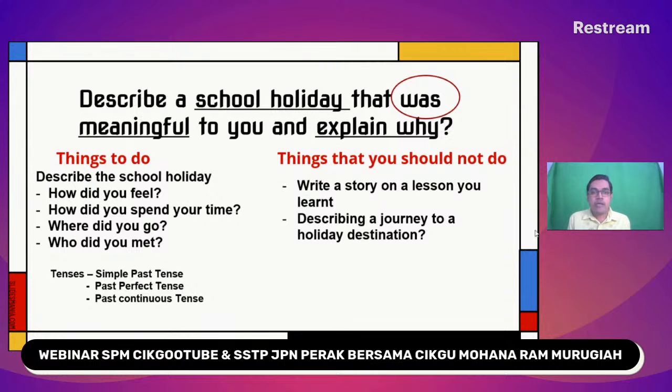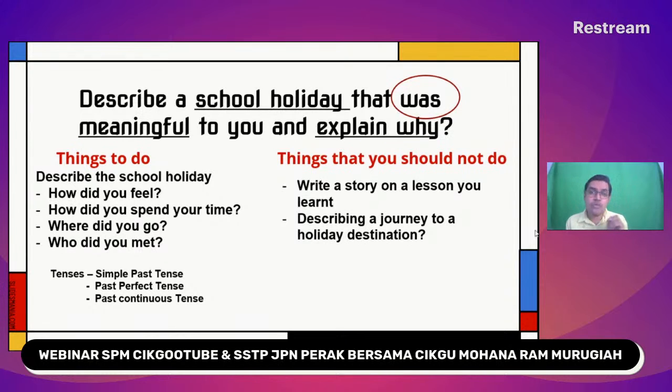Now, the one thing that you have to remember when you're writing another thing is tenses. At this point of time, I'm not going to talk about vocabulary, but tenses are very important. You see the circle that I put. The reason I put the circle is to show you that this essay should be written in past tense.